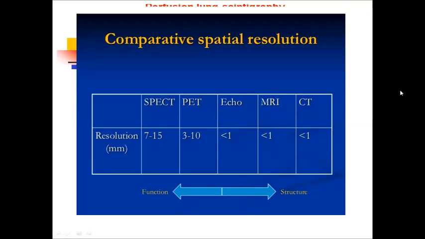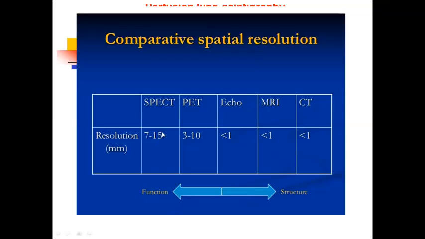Comparative spatial resolution of different methods of investigation is presented here. You see that ultrasound, MRI, and CT are very precise in detection of small lesions, so they reflect predominantly the status of the structure of the heart and large vessels.